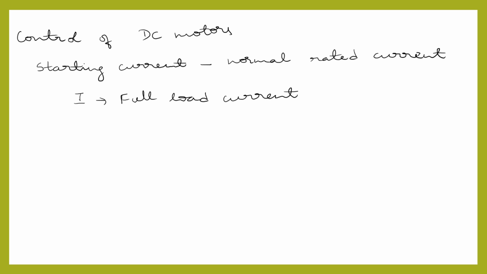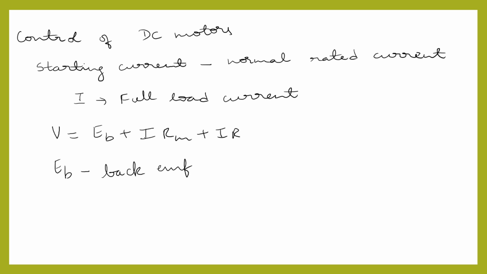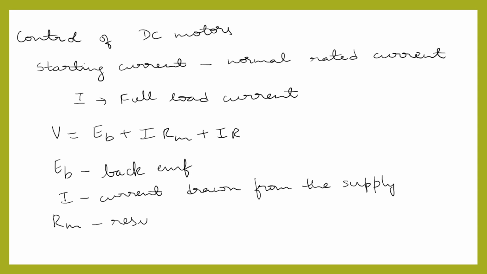So we have the supply voltage given by V equal to EB plus IRM plus IR, where EB is the back EMF developed in the motor, I is the current drawn by the motor from the supply, RM is the resistance of the motor, which is equal to RA plus RSC, that is armature resistance plus series field resistance.